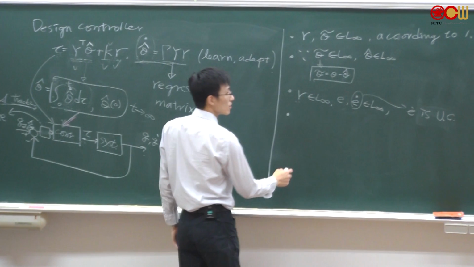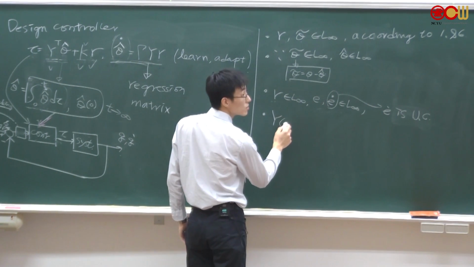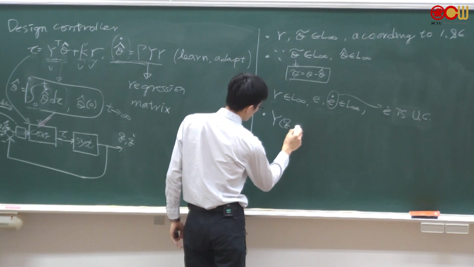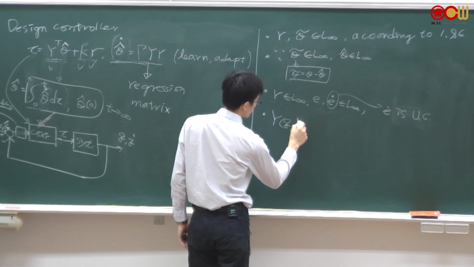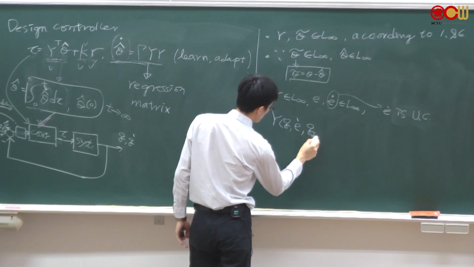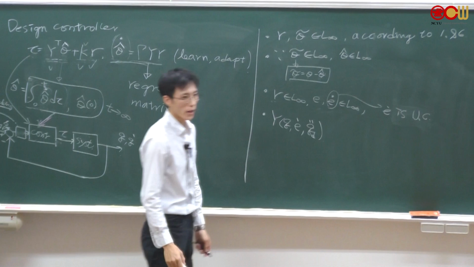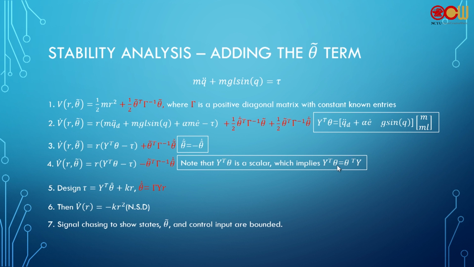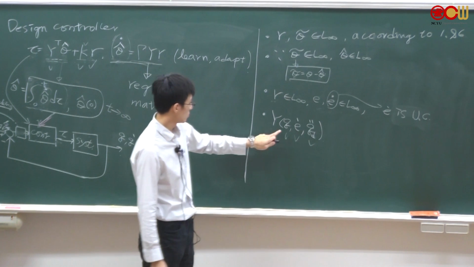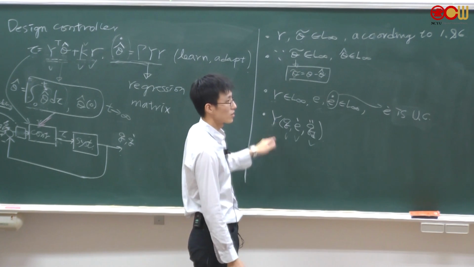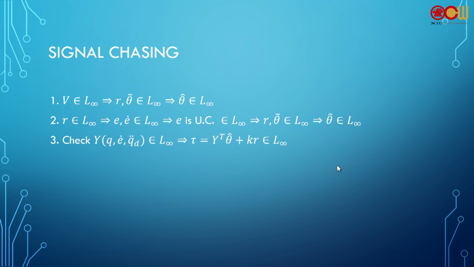It is a function of Q, E dot, and Q D double dot, because based on the definition of the regression matrix, it has Q D double dot. You have E dot and Q. So if you want to check whether it is bounded or not, you need to check these three signals.